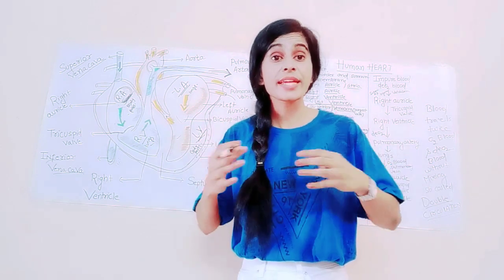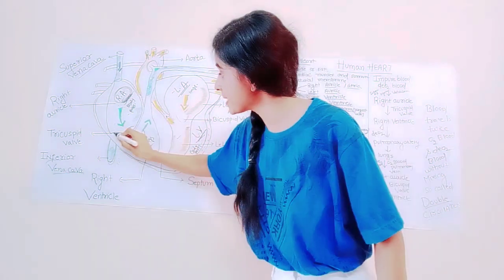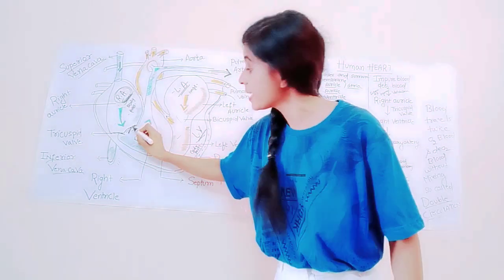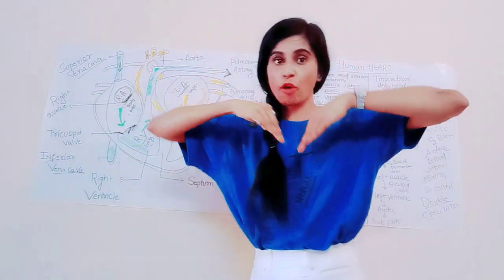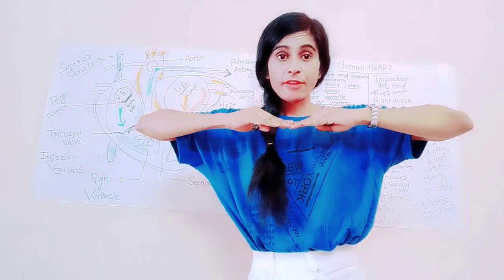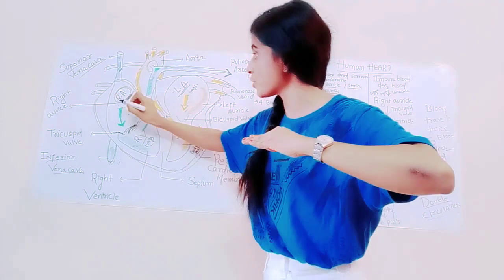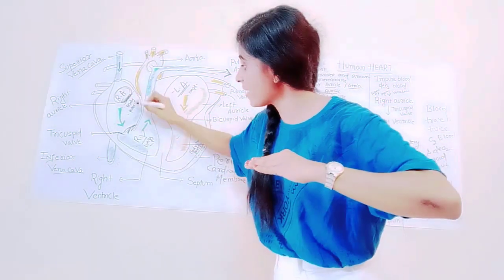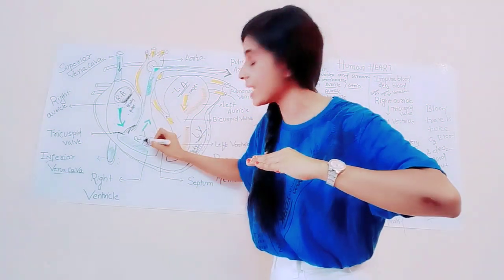The right auricle will contract, and here a valve is present. Due to this pressure, a valve is present between the right auricle and the right ventricle.